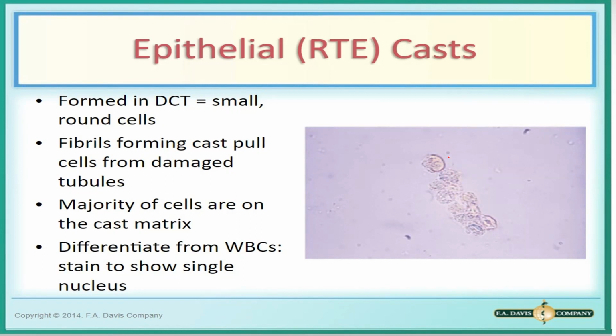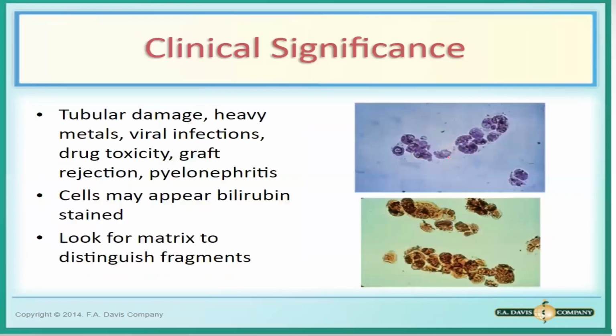Okay? Fibrils forming cast pull cells from damaged tubules. Nahihila sila kasi marupok na sila. Okay? Because merong damage. Okay? Seen in the following conditions: tubular damage, heavy metals, viral infections, drug toxicity, graft rejection, hepatitis, and glomerulonephritis.